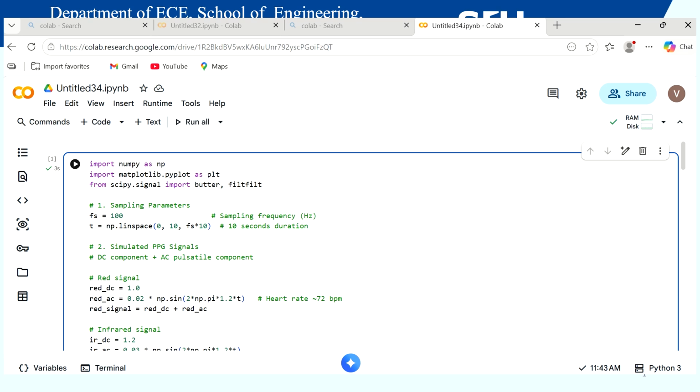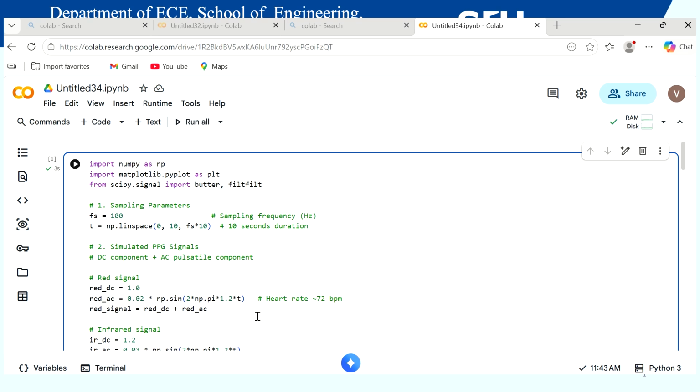First, red_DC is equal to 1.0, the baseline, and a frequency of 1.2 hertz. red_AC is the AC signal with magnitude 0.02 and sine omega t, converted into frequency, so 2 pi f t, where f is equal to 1.2 hertz. And 1.2 hertz is for unit time of 1 second.